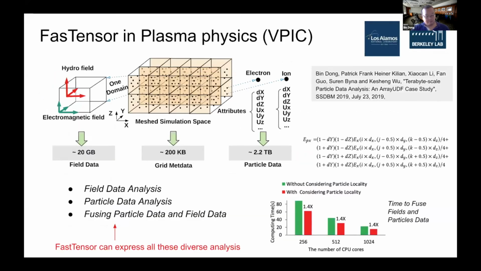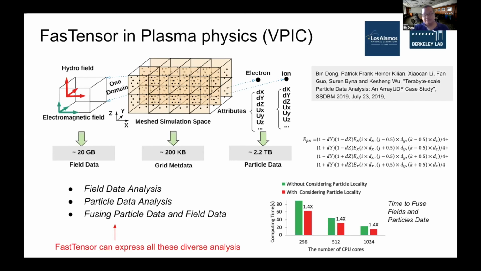Another example I want to share today is the FasTensor use case from plasma physics. This is work with collaborators who have a VPIC simulation code, and in this simulation they generate lots of data of different types and different sizes.